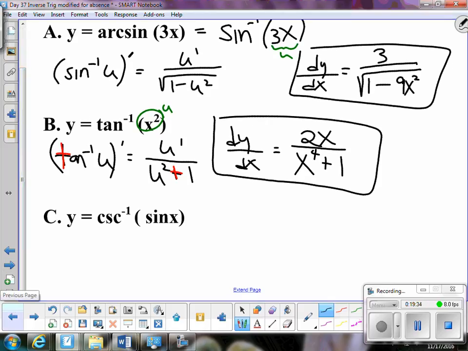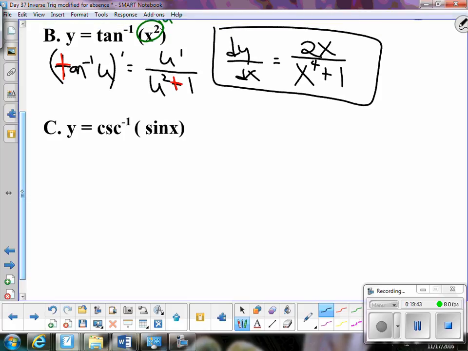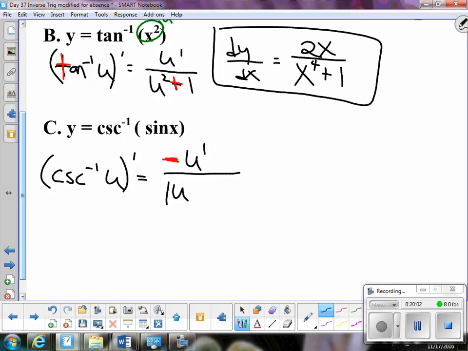Uh-oh. This time, we have an inverse cosecant, so let's write down that formula. The derivative of the inverse cosecant of u, so the inverse cosecant u prime, is equal to, remember, the inverse co-trig functions are negative, negative u prime over, then it's absolute value of u, square root of u squared minus 1.